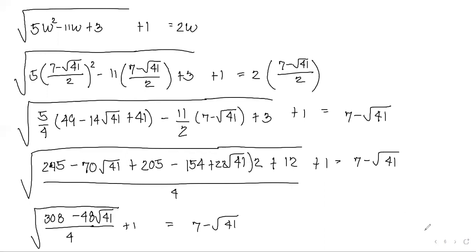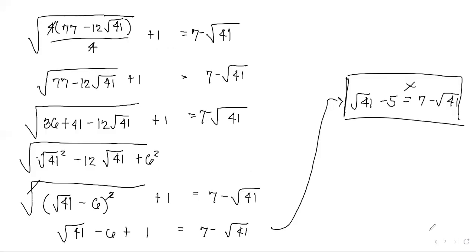Yung nakuha. So, ayan. Negative 6 plus, wait lang, square root of 41. Okay? Tapos add natin si 1. Ayan, negative 6 plus square root of 41. Then add natin si 1. Kaya naging negative 5. So, ayan. Di sila equal. Diyan pa lang.